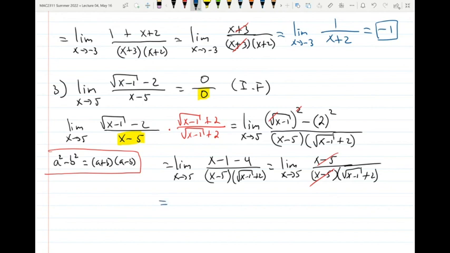And so we get a new limit for another function, but they both coincide everywhere except at 5, so we can replace it. Plugging in, what do we get? 1 over 4. Right? Put 5 here, you have 4, square root of 4 is 2, plus 2, that's 4. So we get a quarter. Okay, questions?